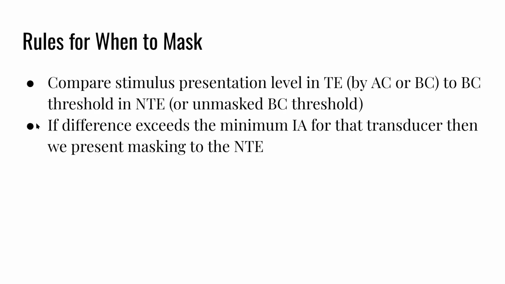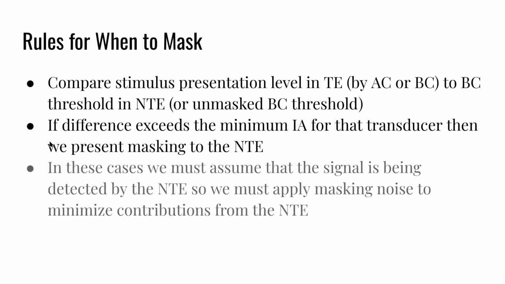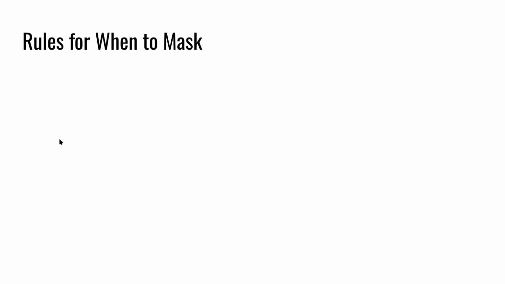If it exceeds the minimum intraoral attenuation for air conduction, 40 to 55 dB, then we present masking to the non-test ear. In these cases, we must assume the signal is being detected by the non-test ear, so we must apply masking noise to minimize contributions from the non-test ear.